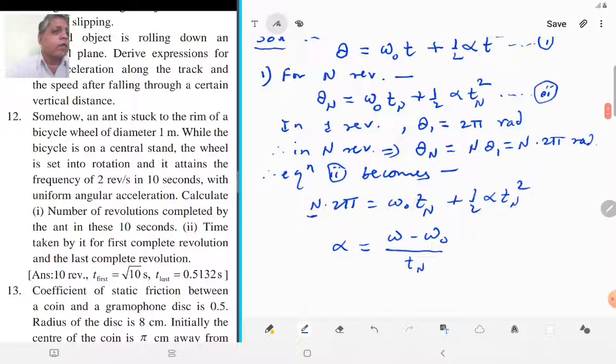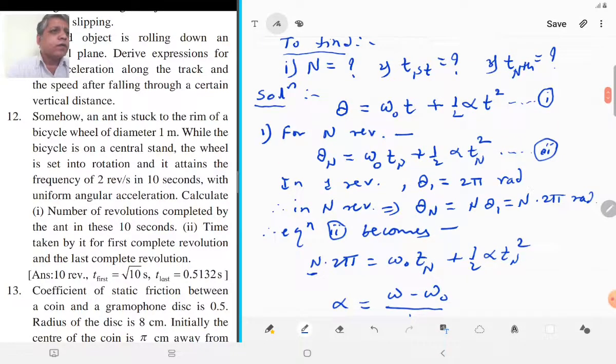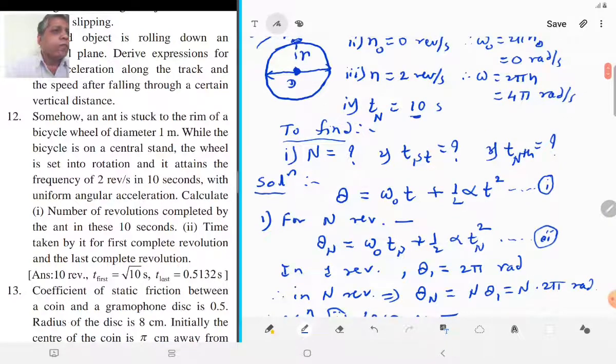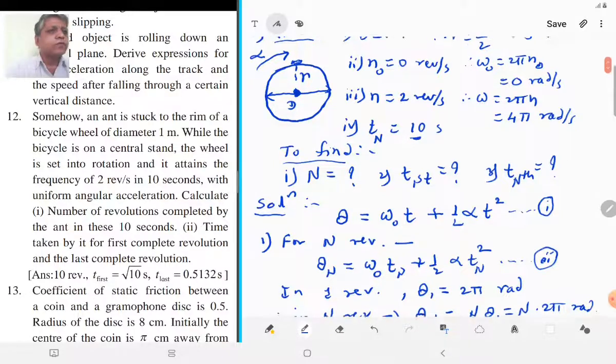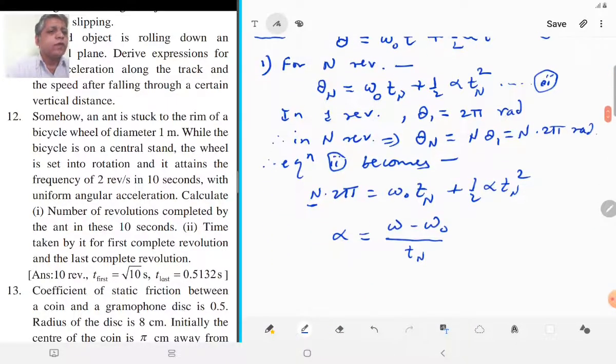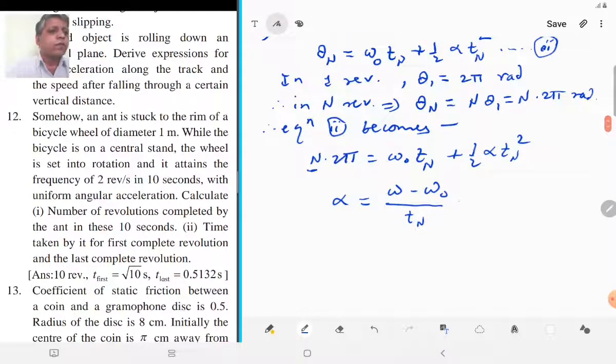The value of omega is 4 pi, the value of omega 0 is 0 and time Tn is equal to 10 seconds. Substituting these values in this equation, we get alpha is equal to 4 pi minus 0 upon 10, and therefore alpha is equal to 4 pi upon 10 radian per second square.